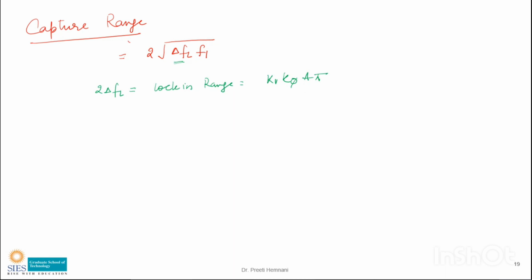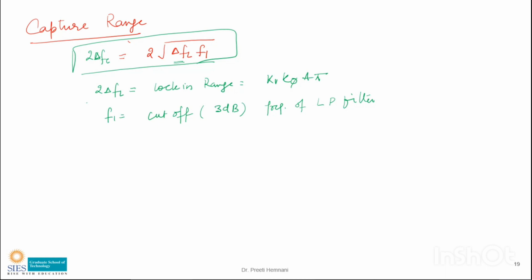F1 is nothing but the cutoff frequency, or 3 dB frequency, of the low pass filter, because the capture range depends on the low pass filter. This is named 2 del FC, because when we call it the capture range, we have to consider minus FC to plus FC. So FC minus (minus FC) is 2 del FC, and this is the capture range. We already obtained del FL, which is the lock-in range, KV, K phi, A pi, and F1 is the cutoff frequency of the low pass filter.